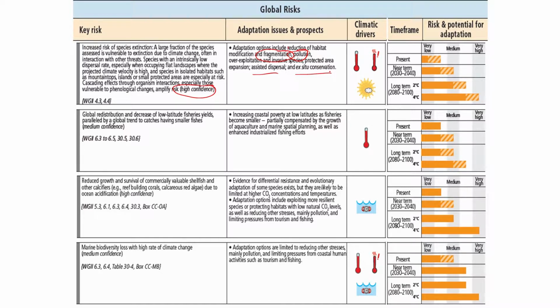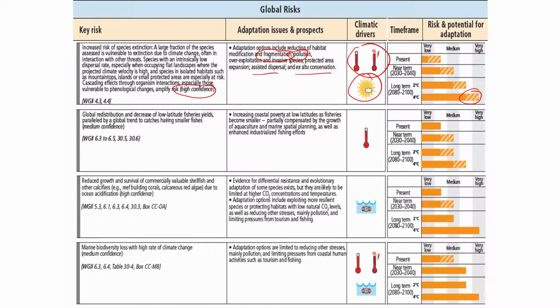So, creating marine protected areas, for example, has had some success, but maybe there will be moving marine protected areas in the future and so on. So, the climate drivers here on land are the drying in addition to temperatures and extremes, and again the risk increases in the long term with warming, but the adaptation options are not increasing in proportion.